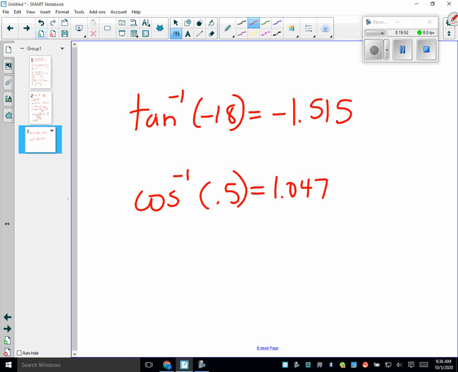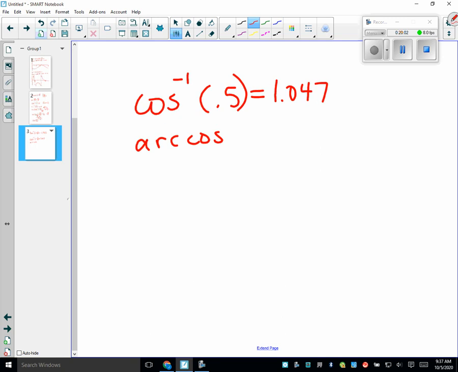Do you all know that cosine negative 1, that I could have written it this way? It's the same thing. Now I want in degrees to the nearest 10.